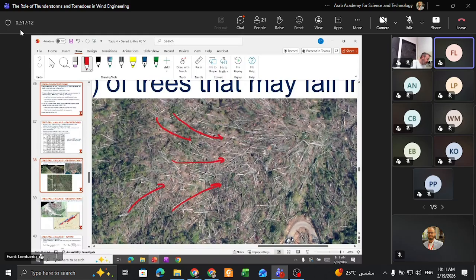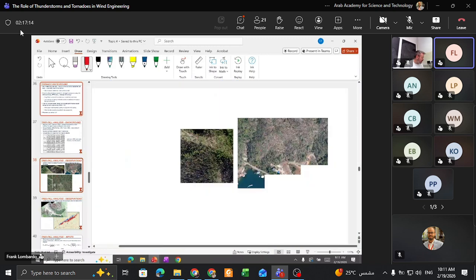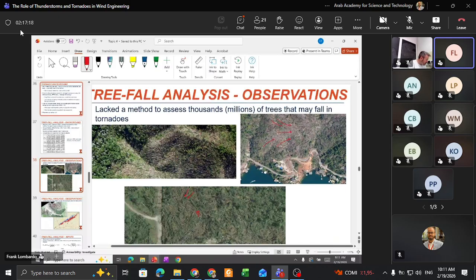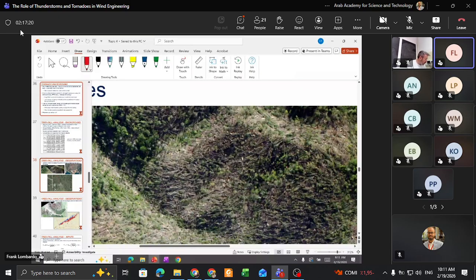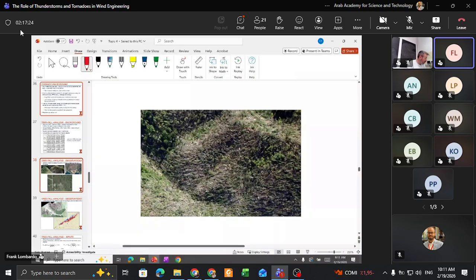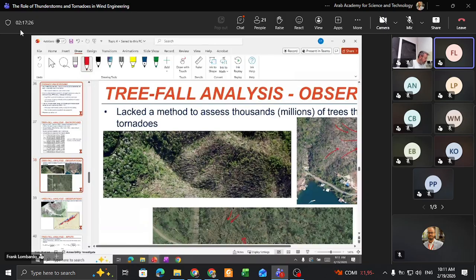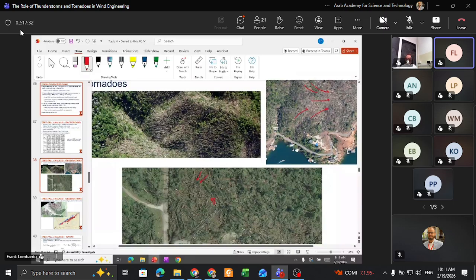Forested regions are always hard, and this one has some topography too, which makes it even more challenging. But basically, if you know which way the tornado is moving and you know information on the tree fall pattern, you can use this method to estimate a wind field.